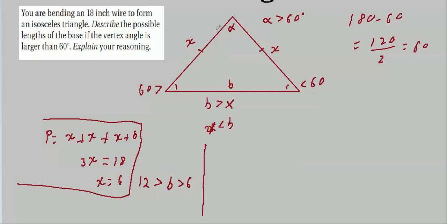That would be 3.5 inches each. So if this were 11, these would each be 3.5. Oh, wait a minute. 3.5 plus 3.5 is 7. That's not greater than 11. The sum of these two sides has to be greater than this. So it has to be less than 11, so we can put that here.